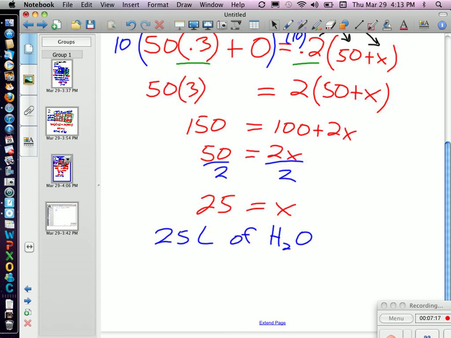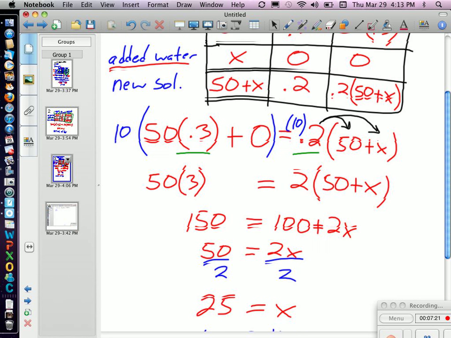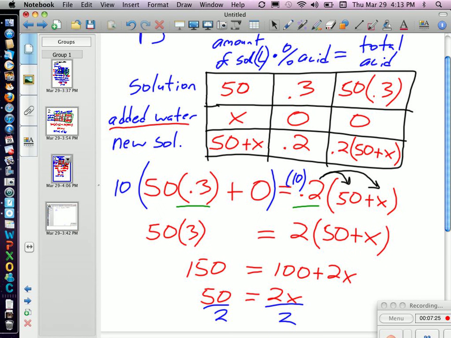However, what I could also do is see if that makes sense mentally. Okay, so I'm going to look back here. If we had 50 liters of a solution that was 30% acid, would it make sense that if that solution was now 75 liters, the same amount of acid would be 20%?